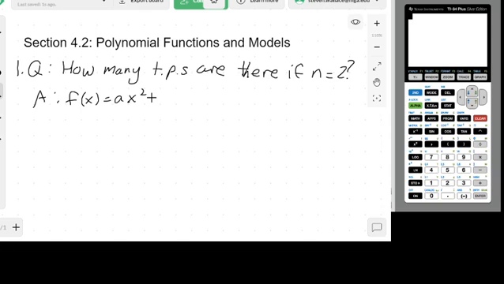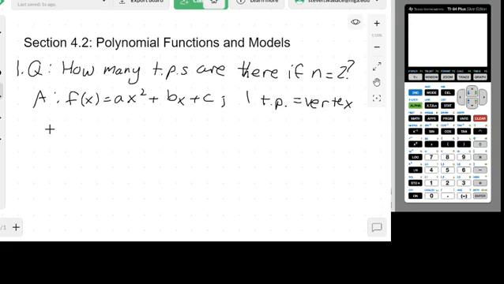And ax squared plus bx plus c is the function. Of course, then there's one turning point. Exactly one turning point, which is called the vertex.